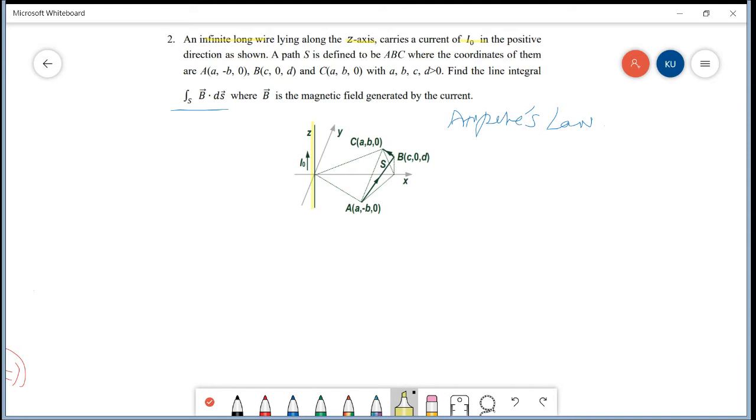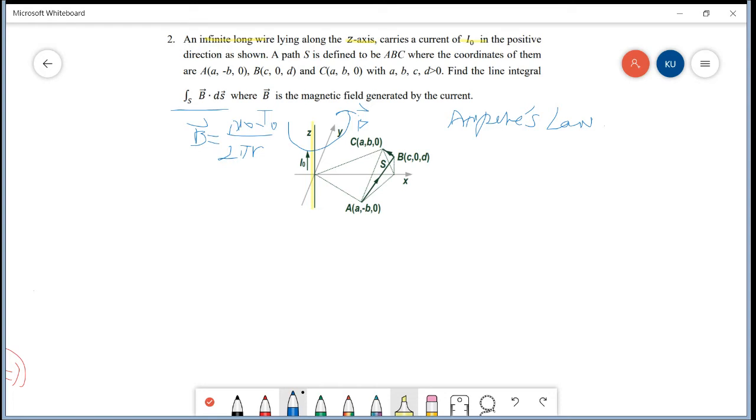As long as you have this information, you know that there will be a magnetic field equal to mu 0 I0 over 2 pi r, and the magnitude and direction depend on the position.